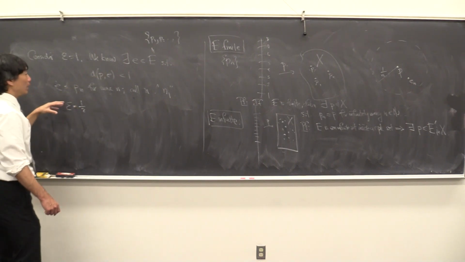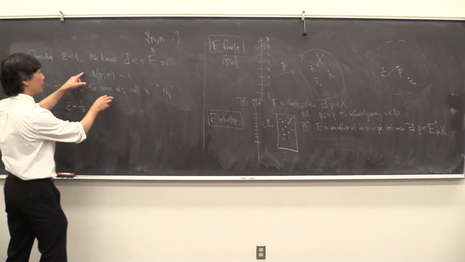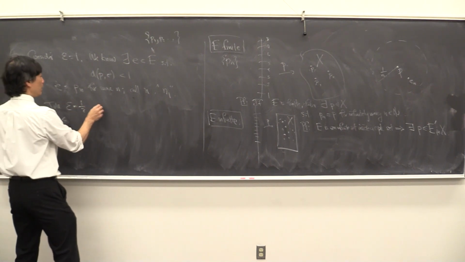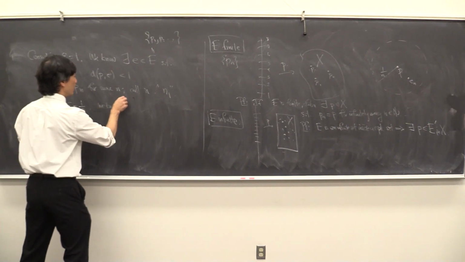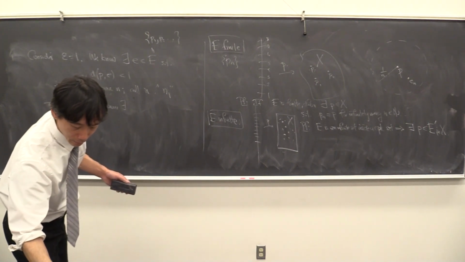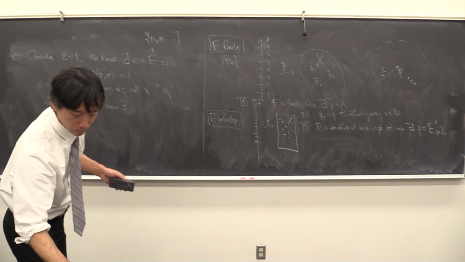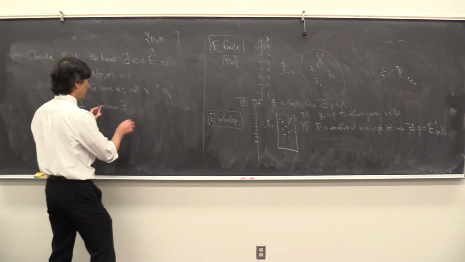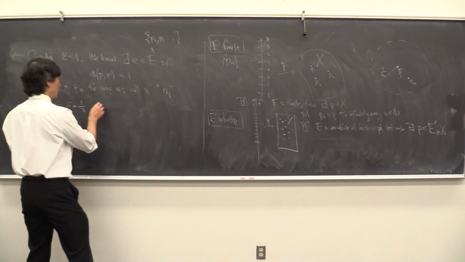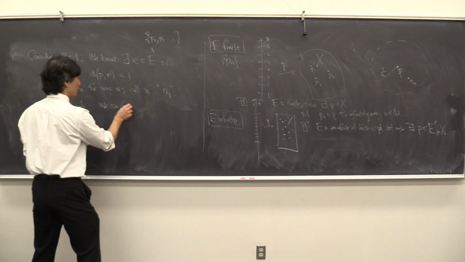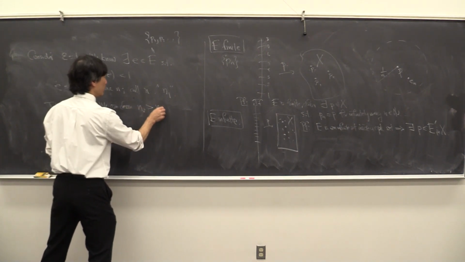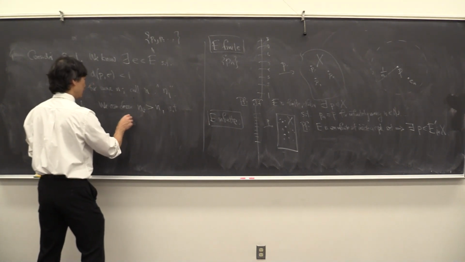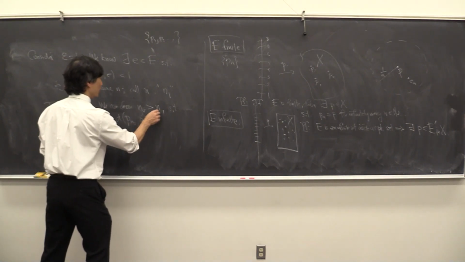So take epsilon to be 1/2. We know that we can choose an n2 bigger than n1 such that the distance from P sub n2 to P is smaller than 1/2.